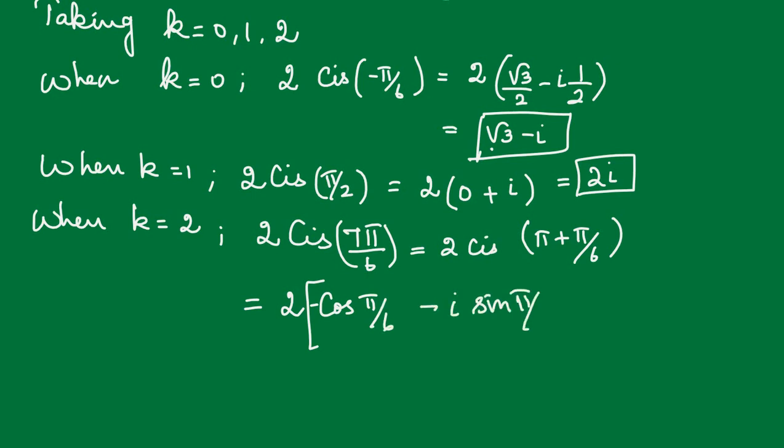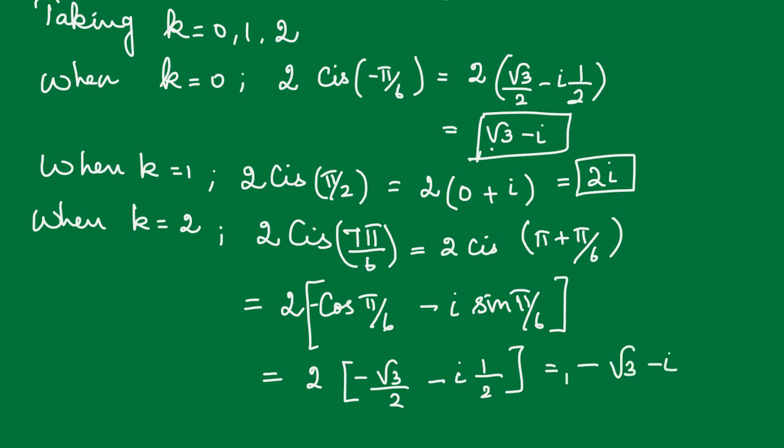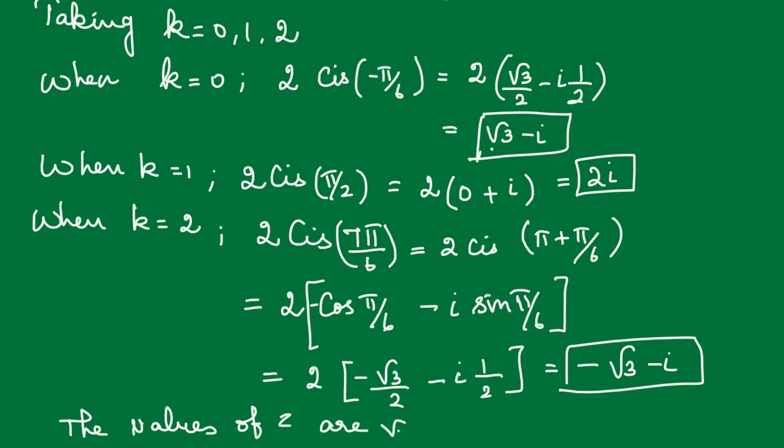The value gives us 2 into minus root 3 by 2 minus i 1 by 2, which is equal to, multiplying 2 inside the bracket, minus root 3 minus i, the third root. Now the roots of the equation, or the values, are root 3 minus i, 2i, and minus root 3 minus i.